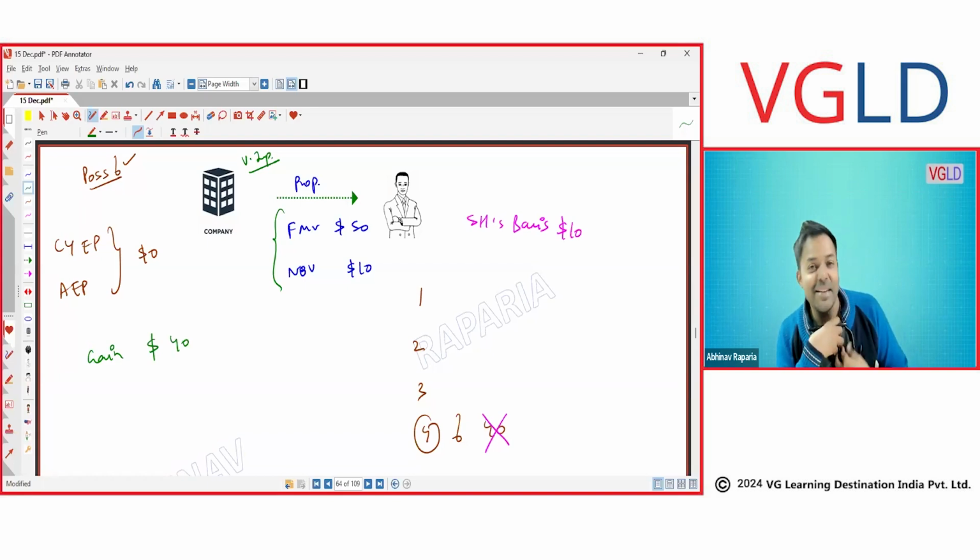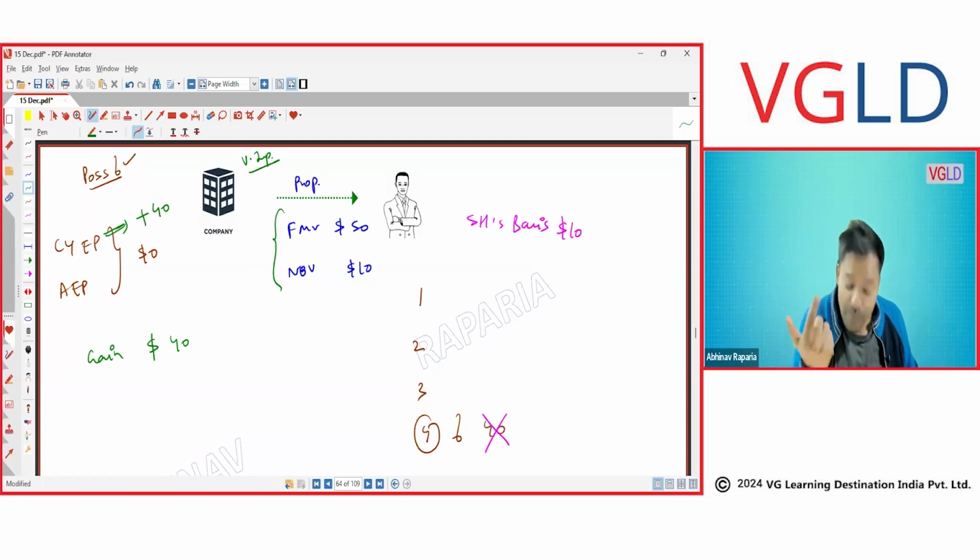But when I'm recognizing my gain, are we not going to increase the current year's earnings and profit? Absolutely, yes. So now my current year's earnings and profit is not 0, rather it is 40.